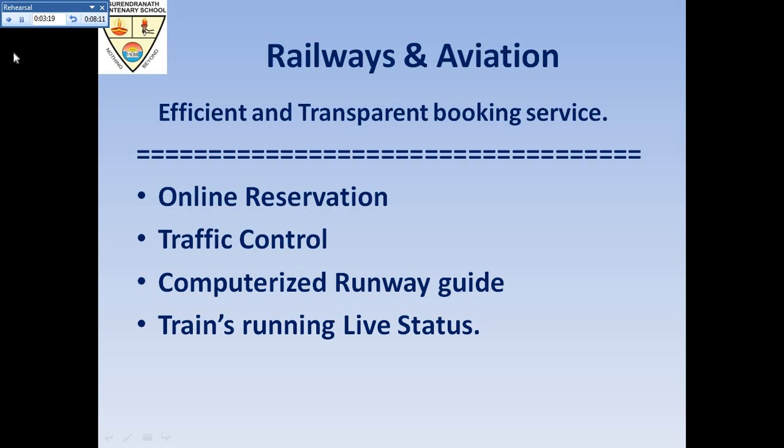They easily get an idea which particular parking lot is free and can be allotted to any particular airplane. So the computerized runway guide is a kind of automatic software which decides, okay, this particular parking lot can be given to this particular flight. At the same time, it also ensures that there is no collision between two flights while they are landing or taking off.